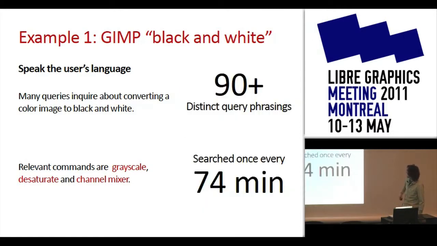So we identified over 90 different distinct phrasings for the question, how do I convert to black and white? On average, it's searched about once every 74 minutes. There is a question, yes. Maybe you're going to address this further on in the presentation, but have you thought about having, instead of just a set of static menus, a searchable set of menus?